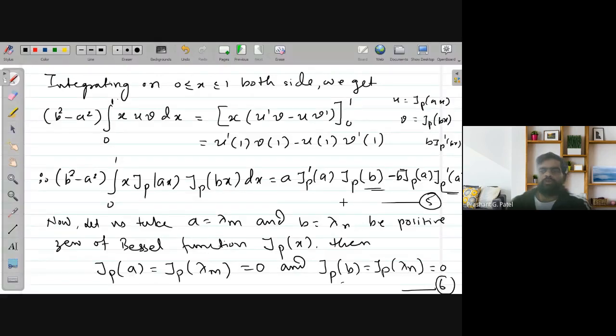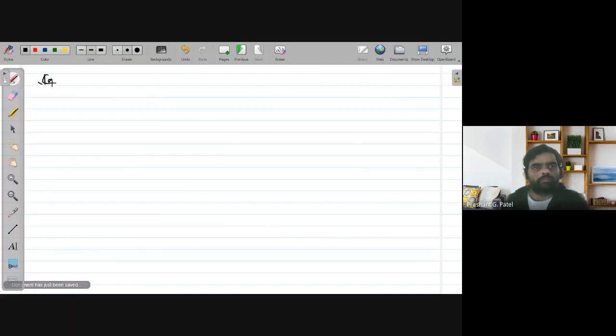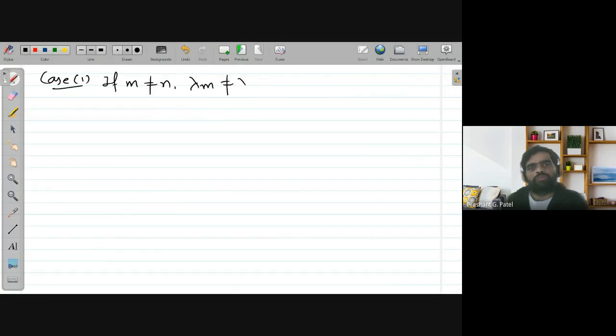Now there will be two cases. Case number 1 where m is not equal to n. Another case is m equal to n. So now case number 1. That is, if m is not equal to n, lambda m is not equal to lambda n.